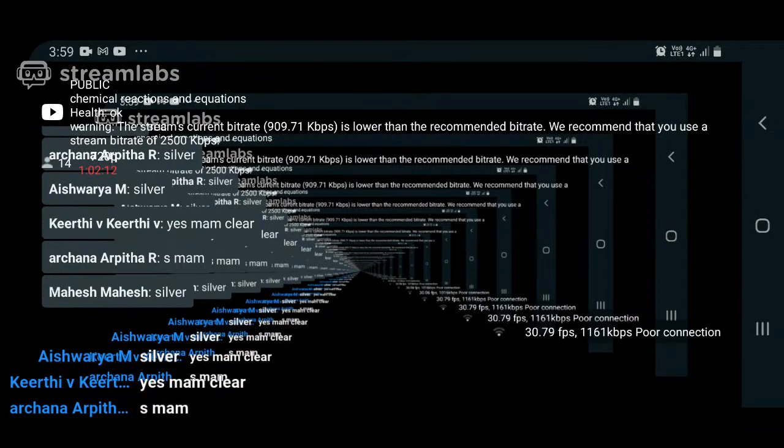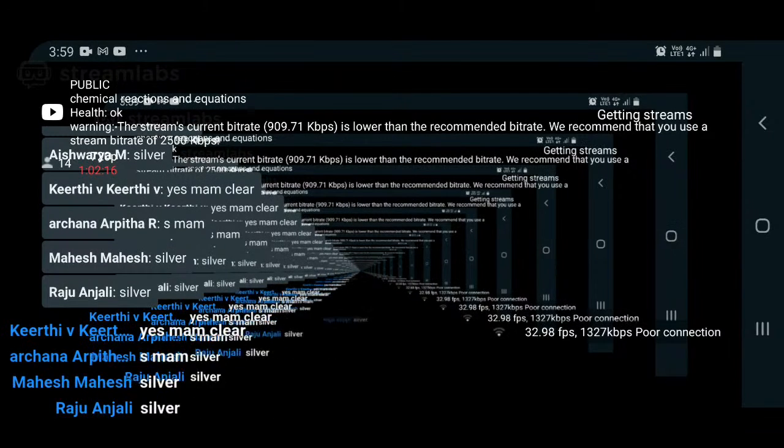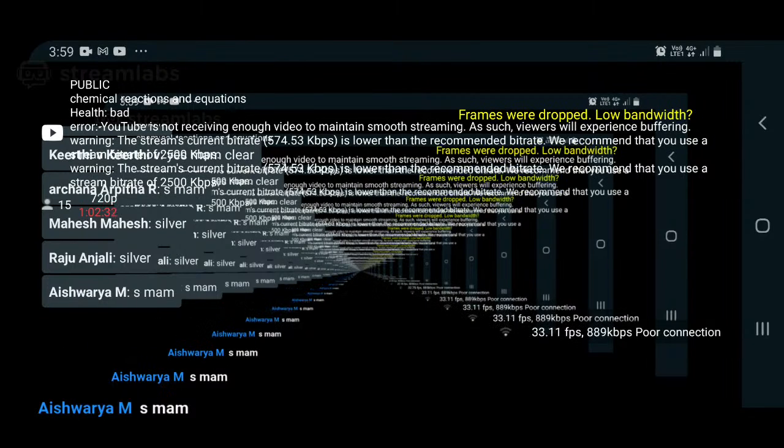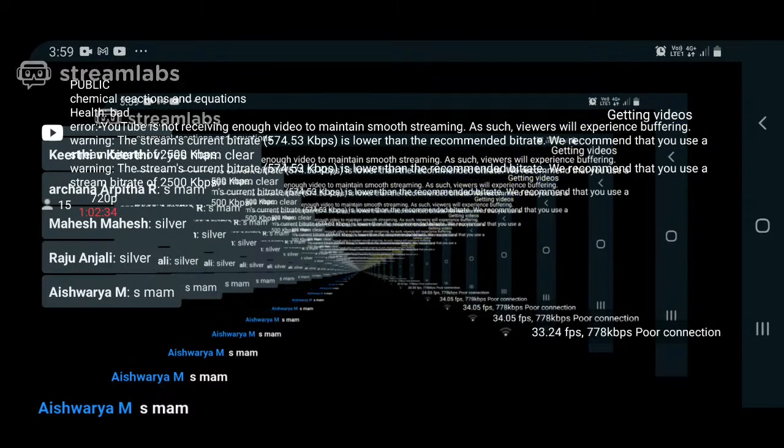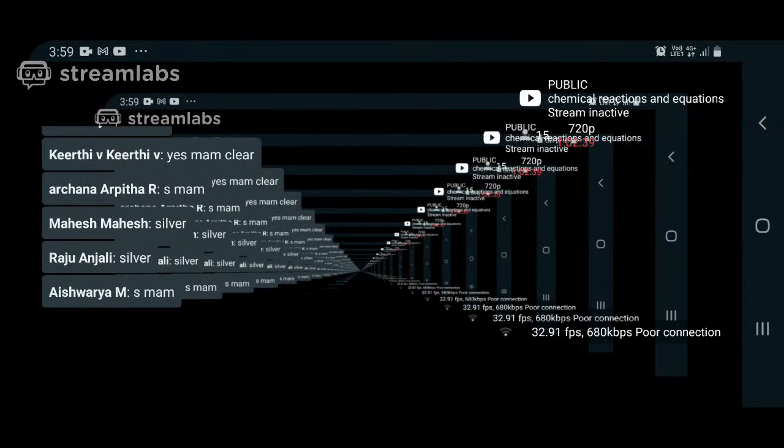Next we have displacement, double displacement, oxidation, reduction, corrosion. If my voice is not audible, shall I continue? Even if I continue, it is becoming a waste, right?